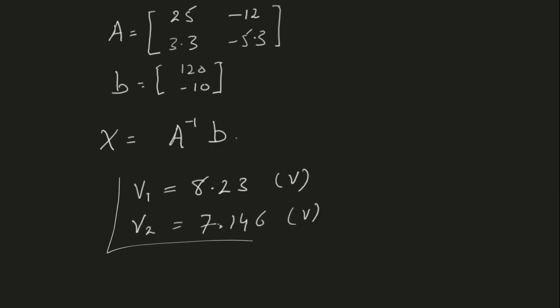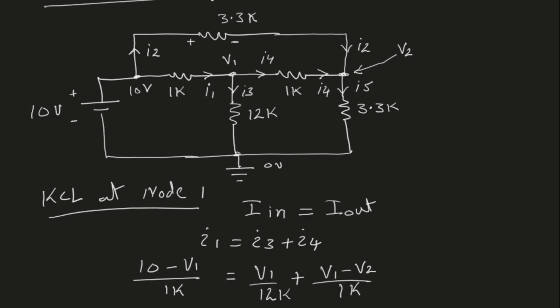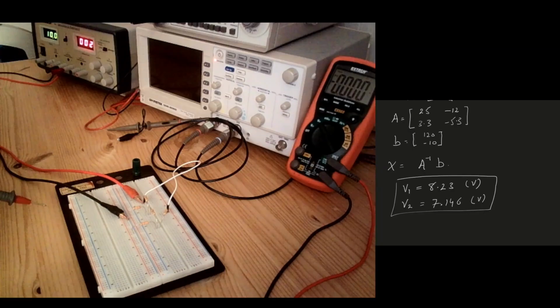So these are the two voltages at the nodes that we have identified above. Now that we have calculated these voltages theoretically, I want to show experimentally that we will get something very similar if we construct the circuit shown in the figure over here, and we can see that the experimental results will confirm that our theoretical calculations were correct.